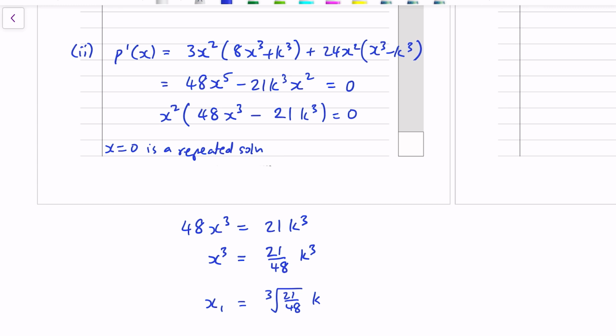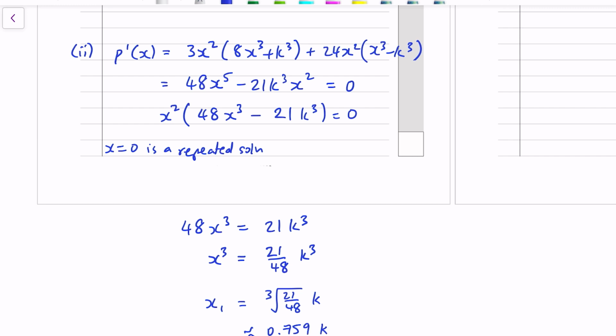It might help to actually find that out as a decimal. The question asks us to sketch this on the diagram, so that comes out to be approximately 0.759 times k.